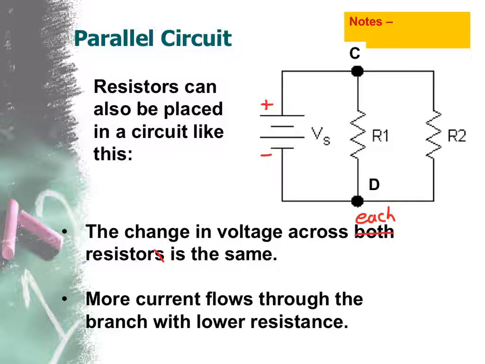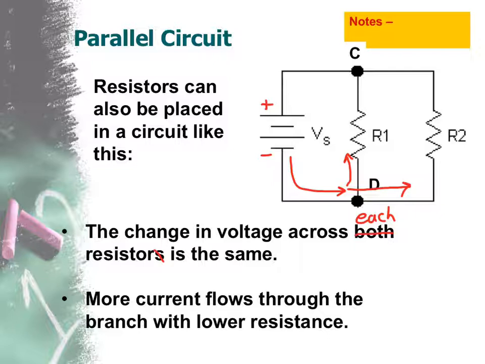It turns out that, like I said, electrons have a choice when they get to this junction right here. They say, okay, I could choose to go up this way, or I could choose to go over this way. And some of them end up flowing this way, and some of them decide, okay, no, I'm going to move on instead.